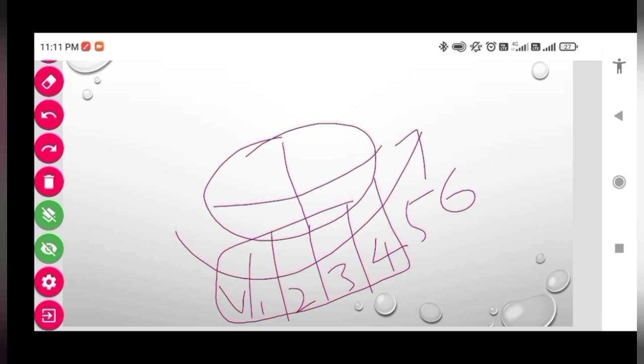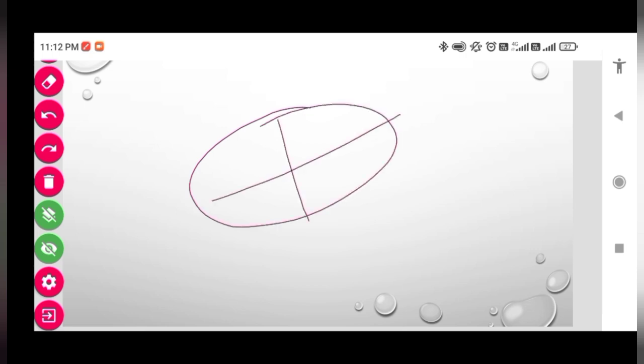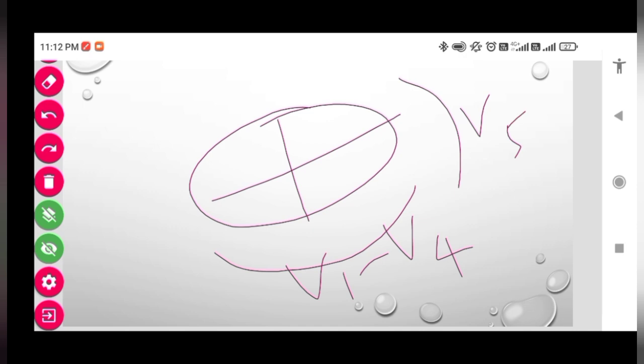As you can see here, and V5, V6 represent the lateral wall of the heart, like this, right? So the lateral wall of the heart is represented by V5 and V6. Next, this is the heart, this is the anterior wall, this is the lateral wall, and here it is V1 to V4, and the lateral wall is V5 and V6, right?